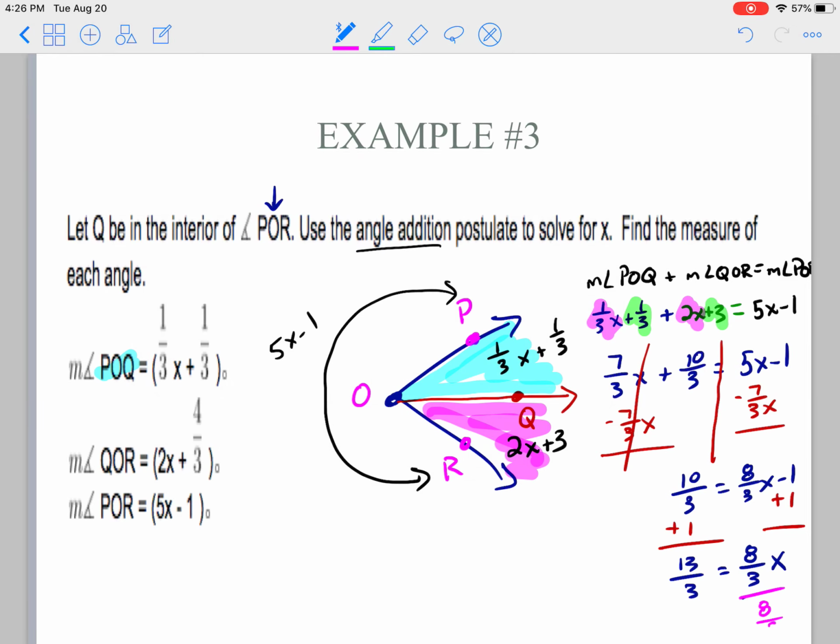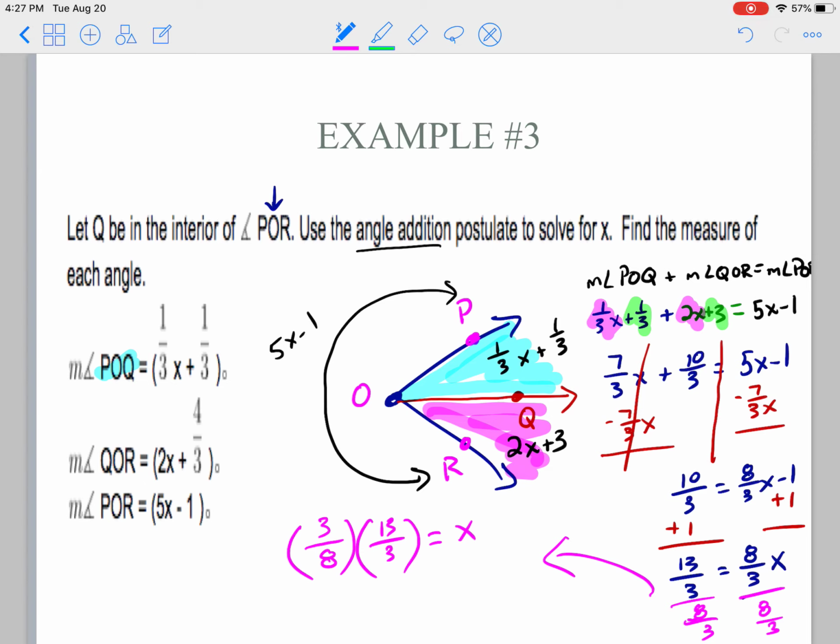So I have to divide by 8/3 technically. When I divide by that 8/3, really what I have to do is multiply 3/8 times 13/3. So dividing by a fraction is the same as multiplying by the reciprocal.